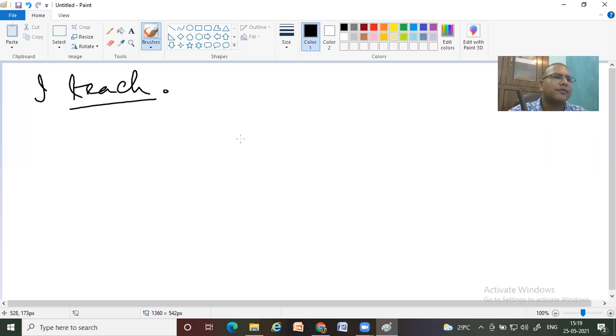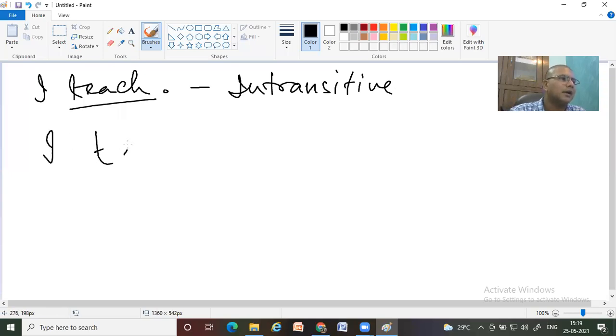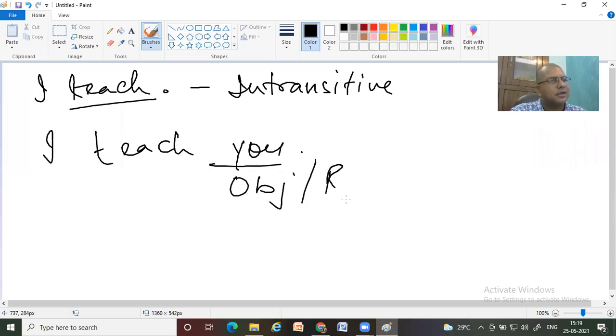So the same verb here becomes intransitive. Whereas if I say, I teach you, this is the object and the receiver, and the same verb has become transitive. Here it is transitive, but there it is intransitive. Right?